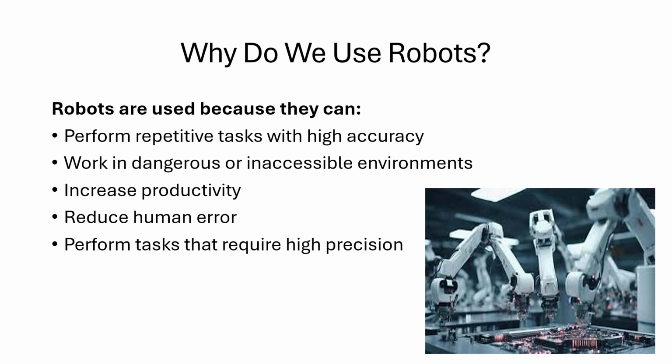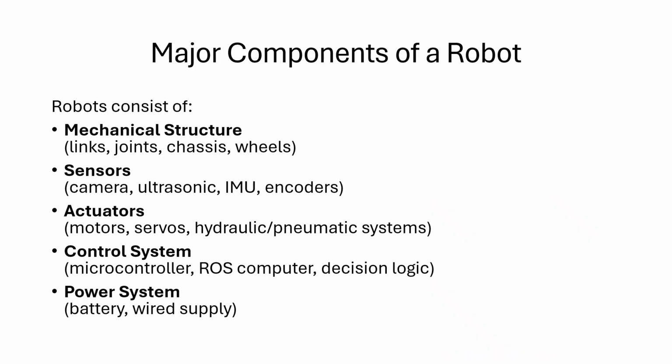So, major components of a robot. Every robot is built using a few key components. The first is the mechanical structure, which gives the robot its shape. The next is the sensors, which allow the robot to observe the environment.